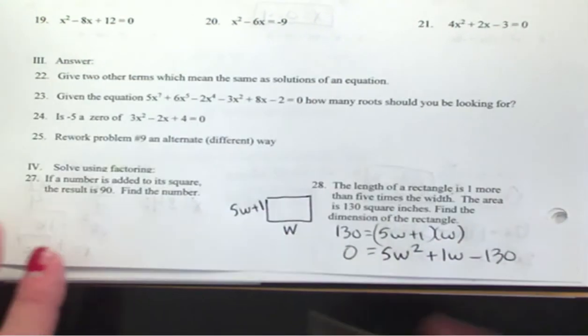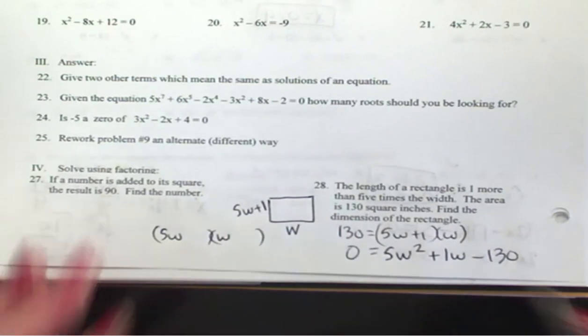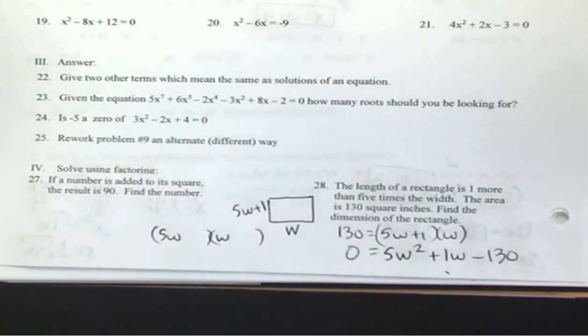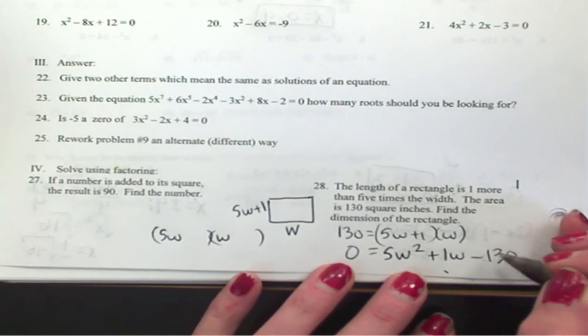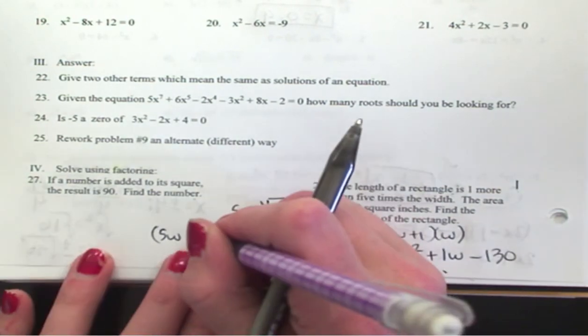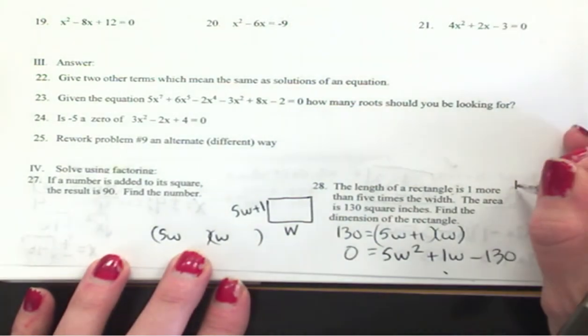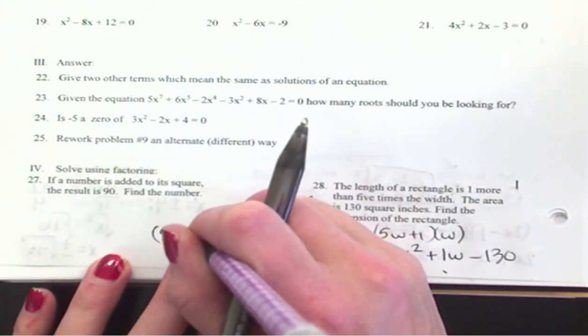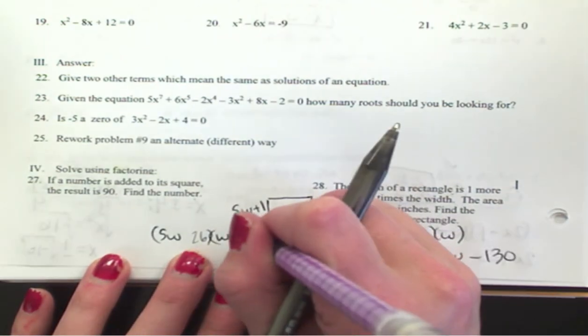Now 5 is prime, and so I would hope that I can come up with a number that gets me to 1. So 130, I feel like trying 13 and 10, or 26 and 5.